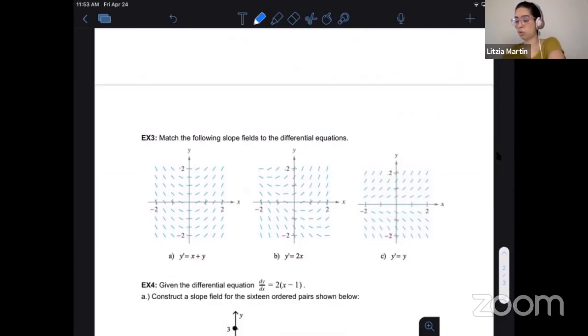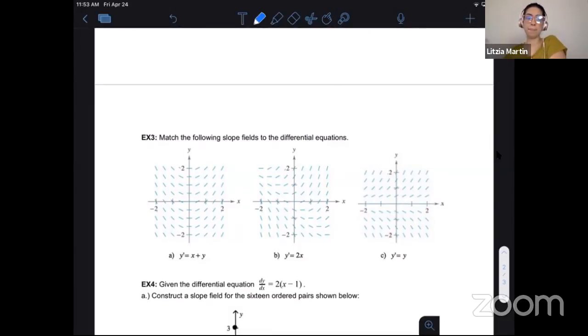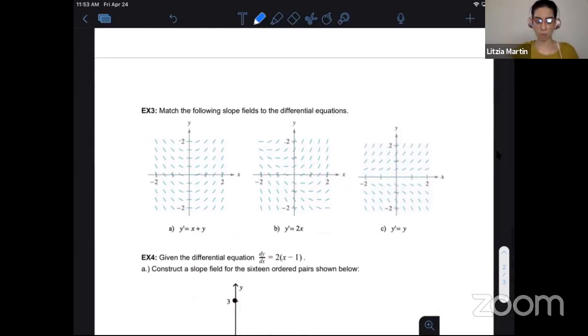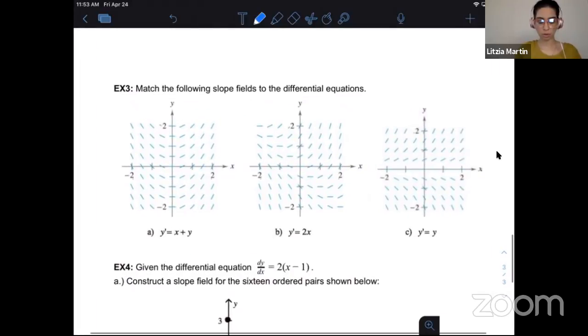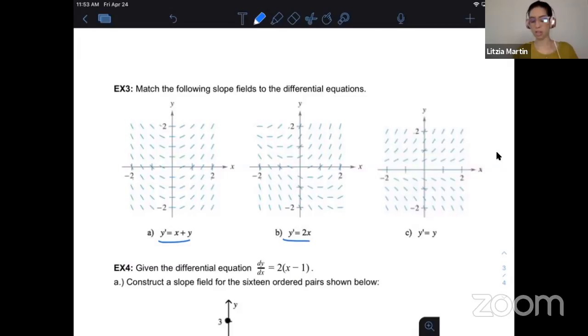Last short section here that we'll do really quickly. A little matching. It says match the following slope fields to the differential equations. So we have y prime is equal to x, y prime is equal to 2x, and then y prime is equal to y.